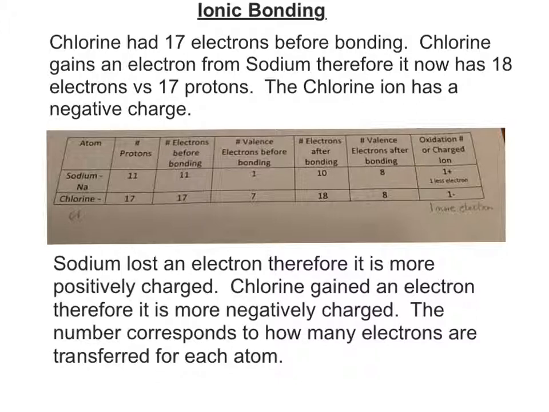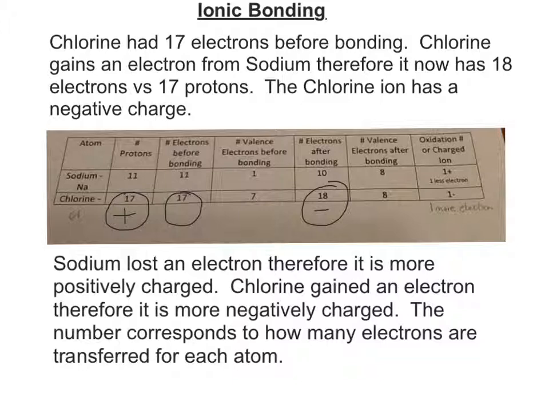Now let's look at chlorine. Chlorine had 17 electrons before bonding. Chlorine gained an electron from sodium, therefore now it has 18 electrons, which are negative, and you compare that to the 17 protons that it has that are positive. So you ask yourself, who do we have more of, or who's winning?